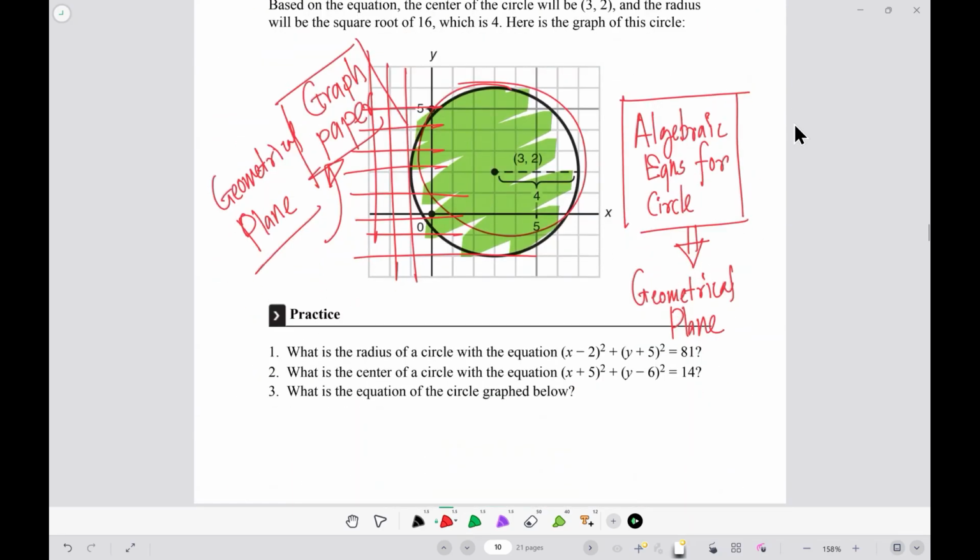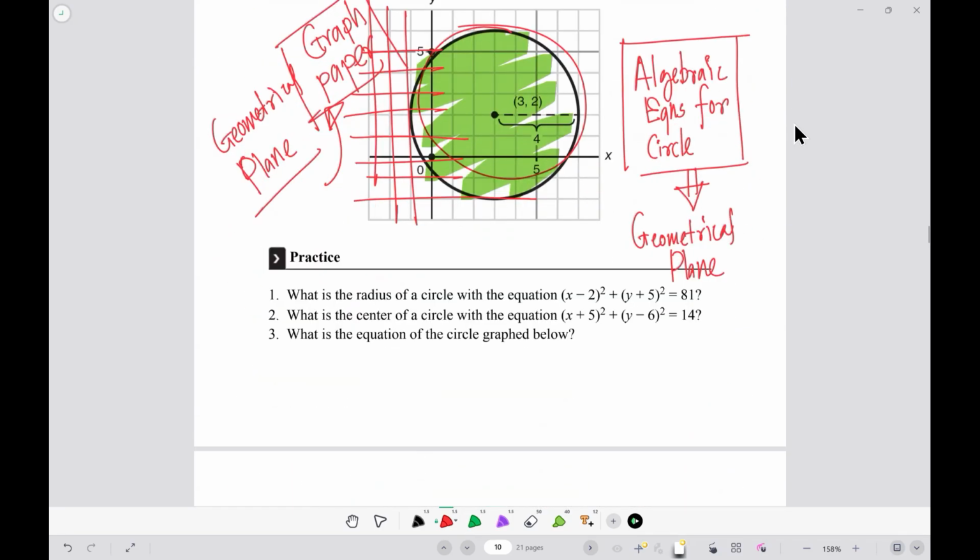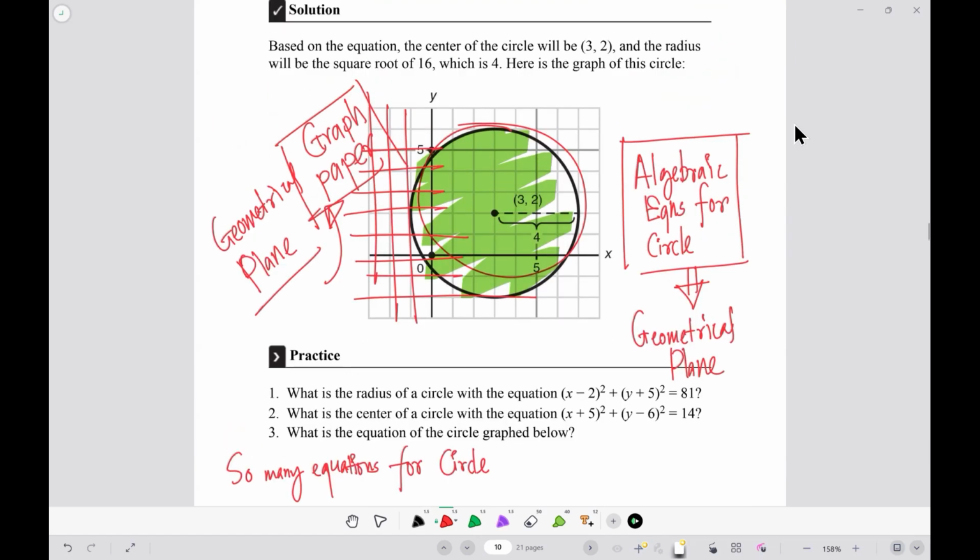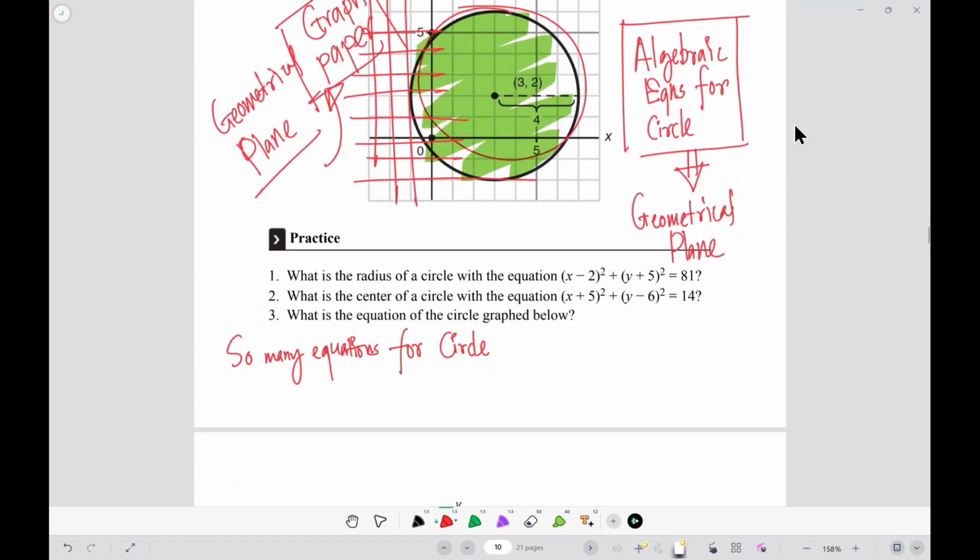Why? Because we have also different equations. We have so many equations for circle. But we are only interested in this form.